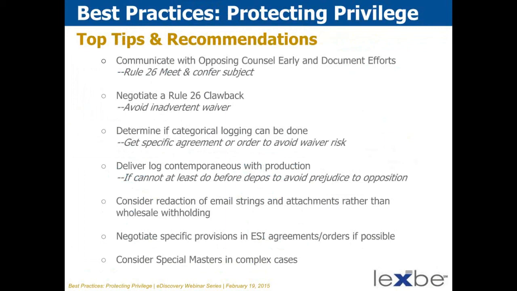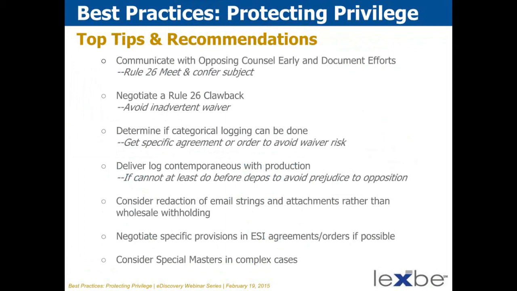We're going to end up with some tips and recommendations on dealing with privilege protection and logging. One is to communicate with opposing counsel early in document efforts. This really helps in showing the court that you've been taking this seriously and have made efforts to deal with things even if you weren't able to agree on everything.